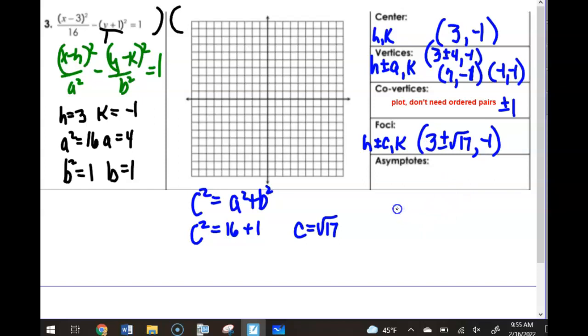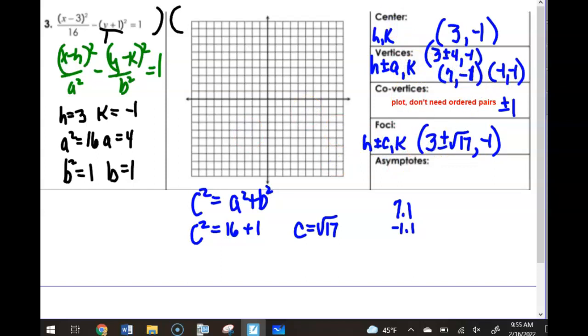Can anybody type 3 plus the square root of 17 and somebody type 3 minus the square root of 17? I'm thinking 7.1 or 2 or something. 7.1. And then what's the other one? 3 minus that, -1.1 maybe? Did anybody do? Yeah, okay. So they're just barely inside of those vertices.